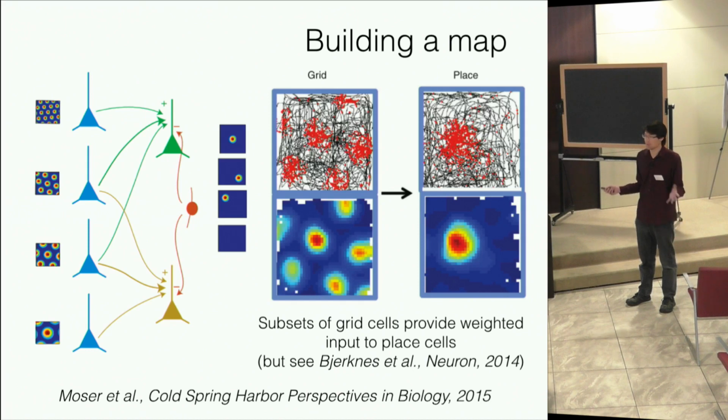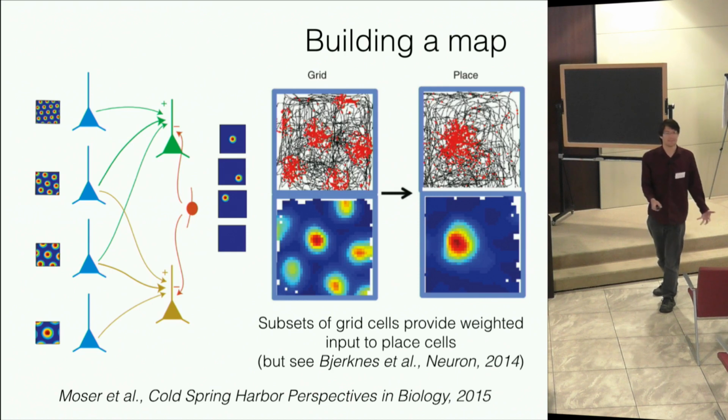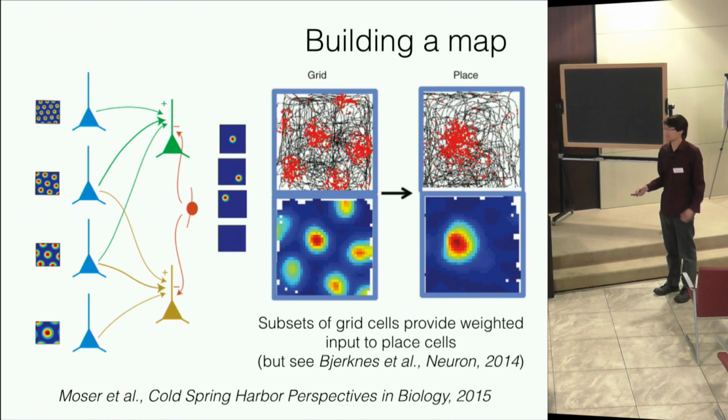Because effectively you only get firing at overlaps between these different grid cells that may have different spatial frequencies. Some of them have a very high spatial frequency, and some have quite a low spatial frequency, and I'll come back to this later. So this is a popular model for how you make place cells out of subsets of grid cells.